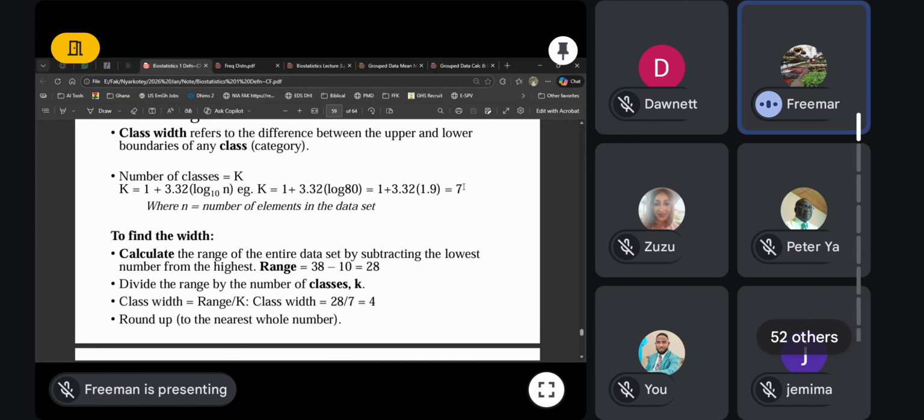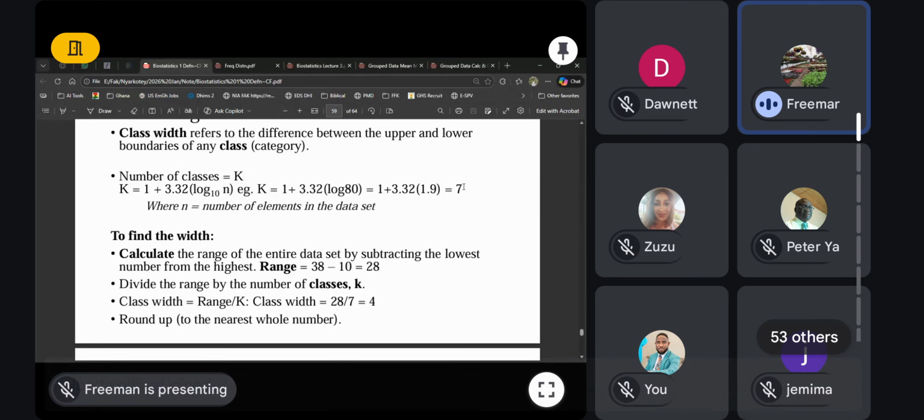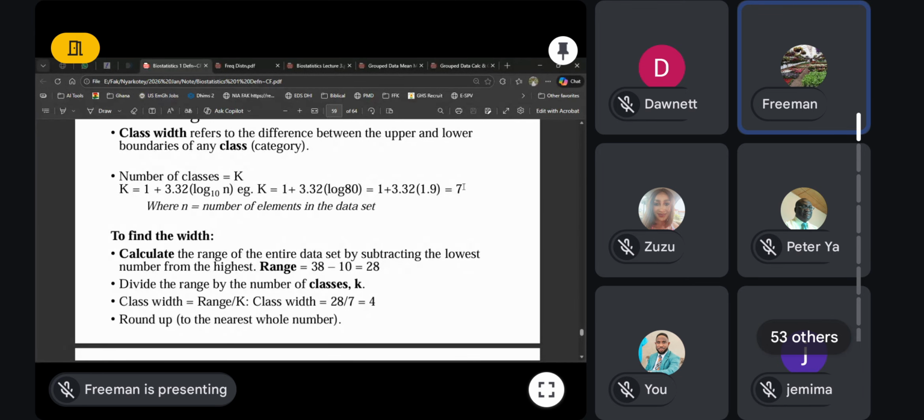It's not hard and fast. If you calculate it, you can decide to make it 8. You can decide to make it 6. No one will take you on. The way you do it, you are to be flexible.